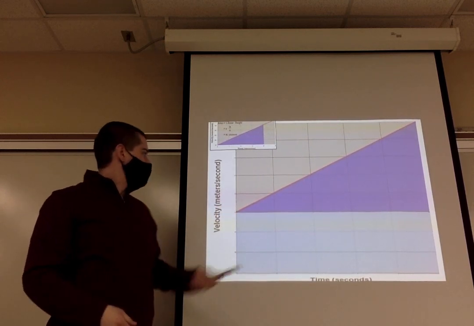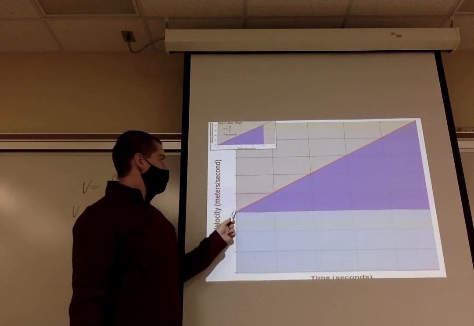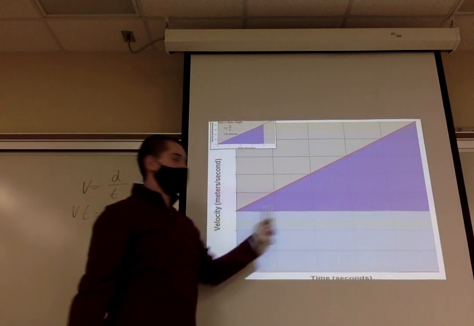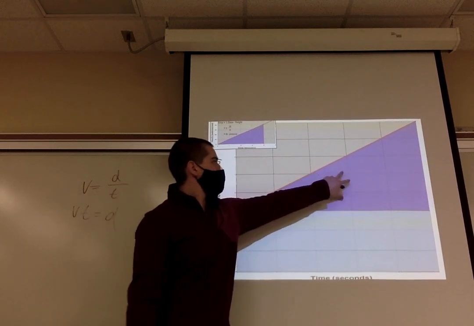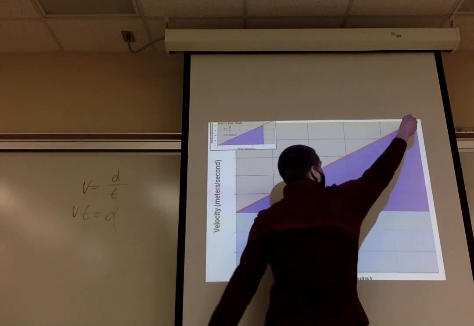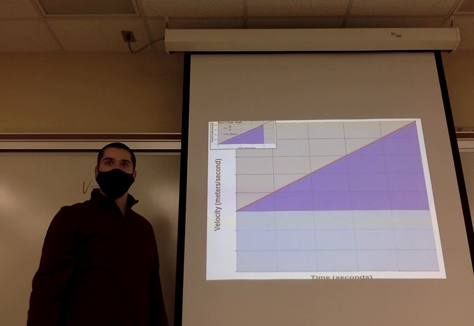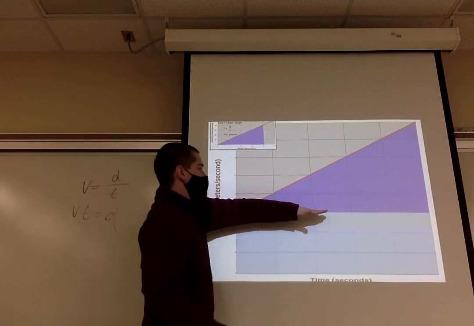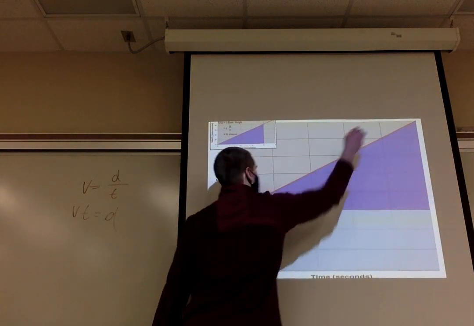Be careful. The area of this triangle is not this height times this base times half. Your triangle starts here and goes up. Your height is that minus this point. Okay? That is your height.